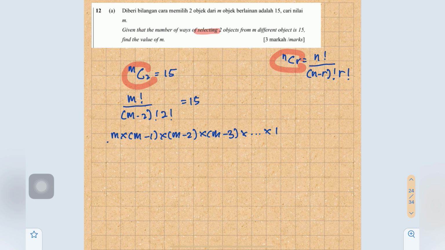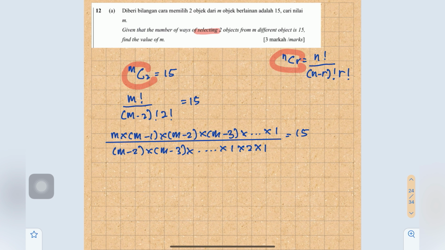Okay, so bahagi m minus 2 pula, darab dengan m minus 3, darab sampai habis darab 1. Okay, 2 factorial, 2 factorial adalah 2 darab 1 lah. Equals to 15.